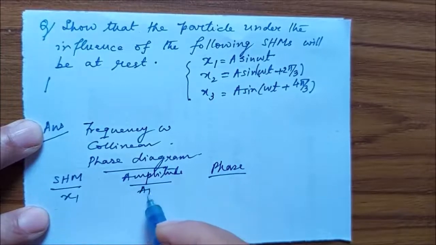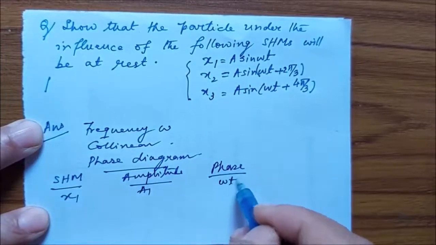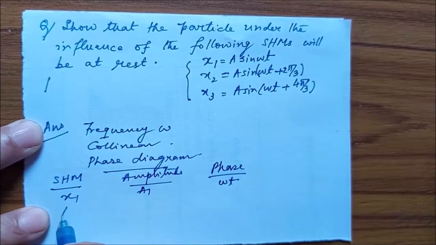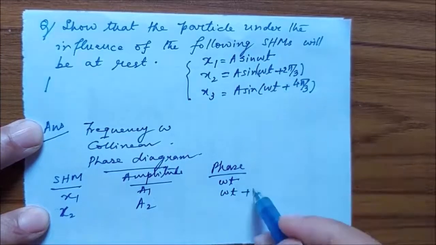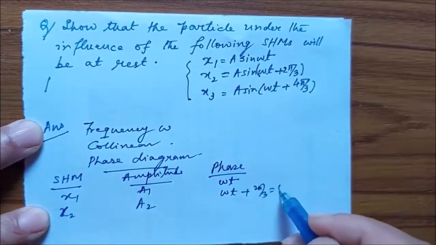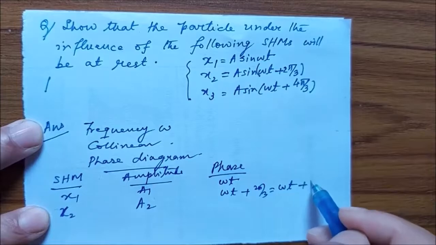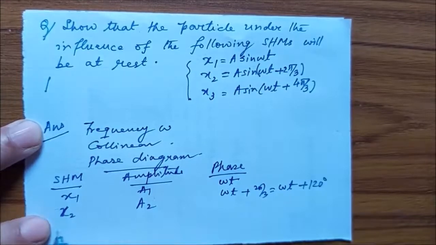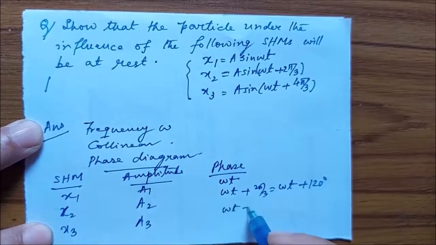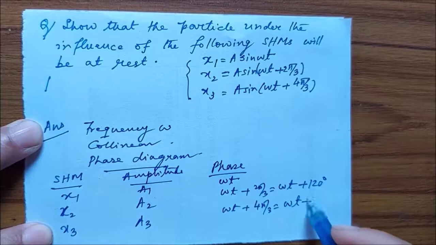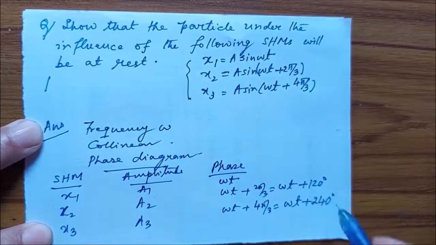This is x1, a1. The phase is simply omega t. Here we have x2, amplitude is a2. Here we have omega t plus 2 pi by 3, so it is omega t plus 120 degrees. x3, a3, here we have omega t plus 4 pi by 3, so it is omega t plus 240 degrees.